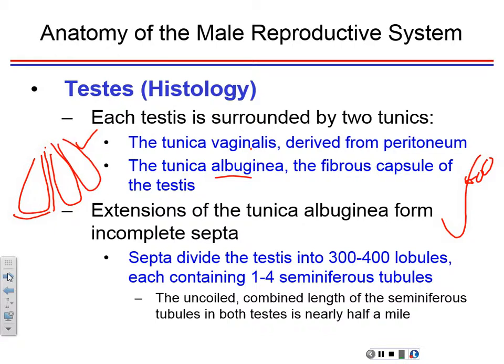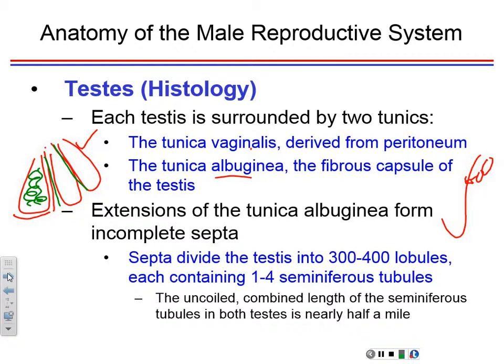All right. And the sections of the tunica albuginea that go in are called septa. So in there you'll find the seminiferous tubules, 1 or 3 inside of each. All right.